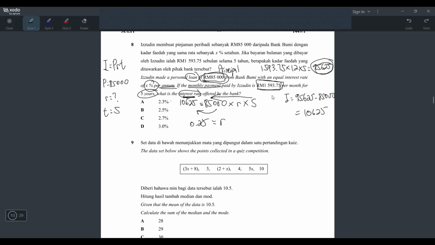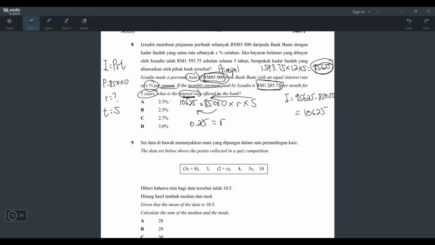Okay, so ada answer tak? Wait, let me double check. 1593.75 per month. 1593.75 times 12 times 5 is 95625, correct. And then minus 85,000, so 10625 equals PRT. Okay, everything correct.